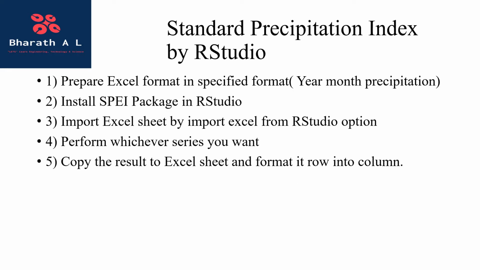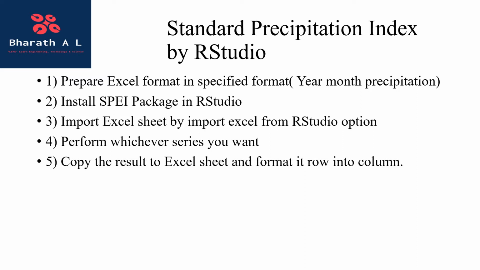So how to prepare the format in RStudio? In this, I'll not be doing it on the Excel sheet, I'll be doing it from RStudio. Standard Precipitation Index by RStudio. RStudio is software, more or less like Python.